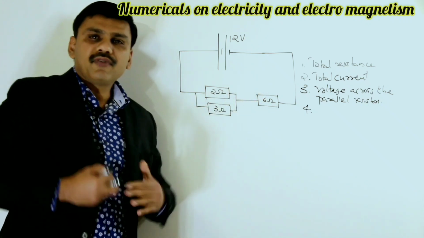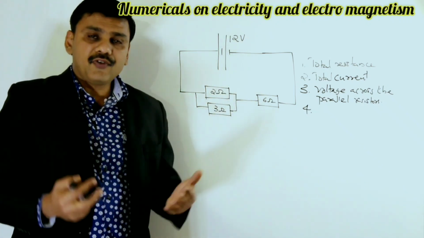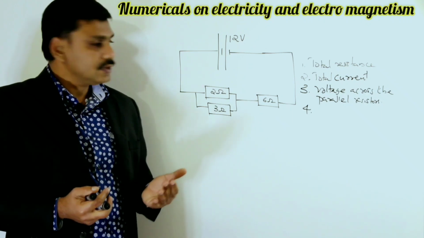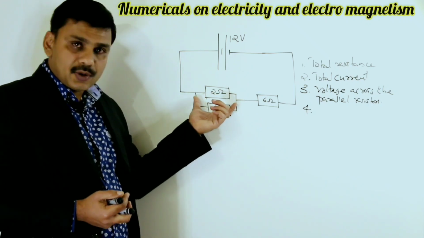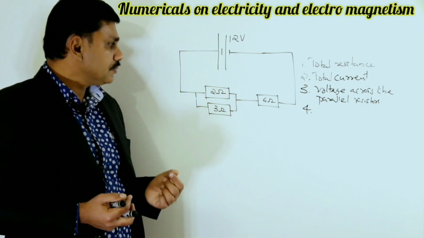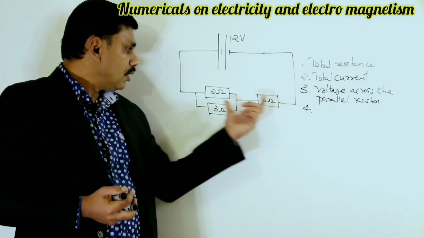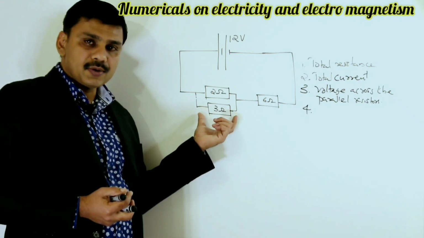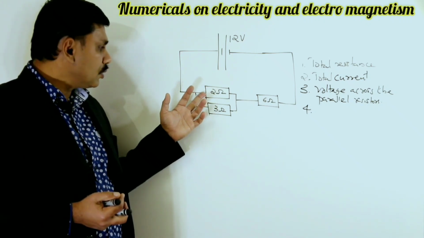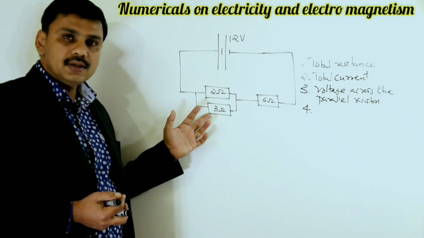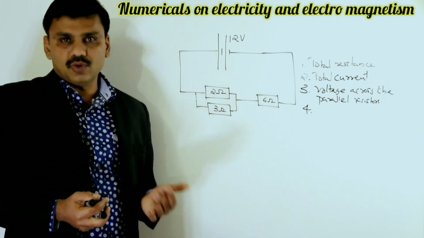Normally in the electricity unit, they are asking for finding the total resistance and then calculating the total current, then the voltage across the parallel combination of resistors, or voltage across 6 ohm, 2 ohm or 3 ohm. Then they can ask for the current flowing through 2 ohm and 3 ohm. These types of questions are there in electricity numericals.